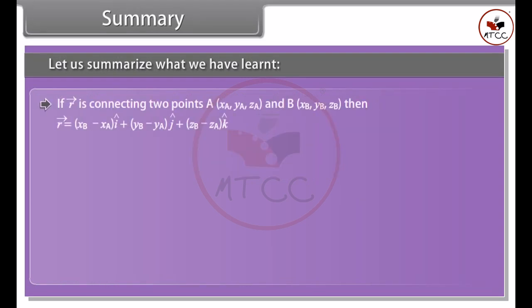If vector R is connecting two points A (xa, ya, za) and B (xb, yb, zb), then vector R is equal to (xb minus xa) i plus (yb minus ya) j plus (zb minus za) k.